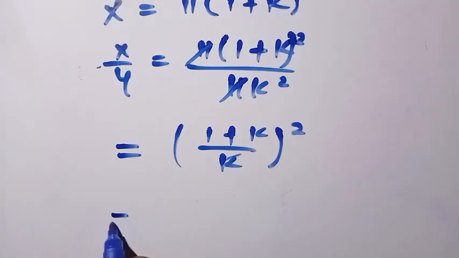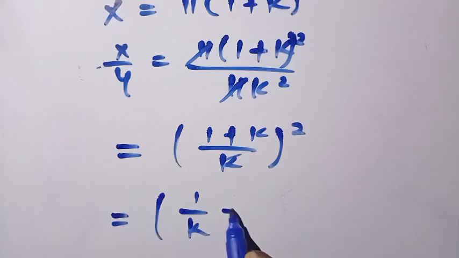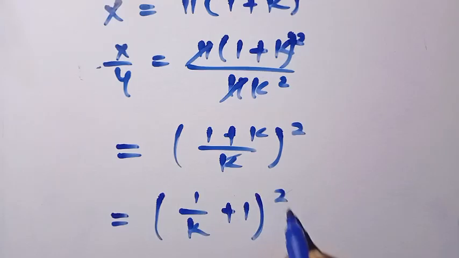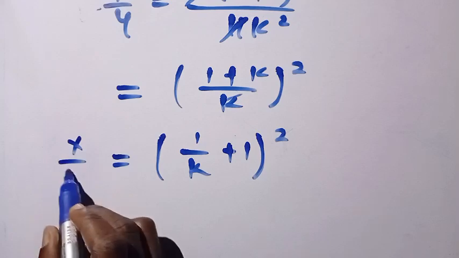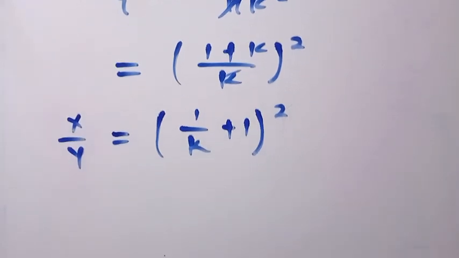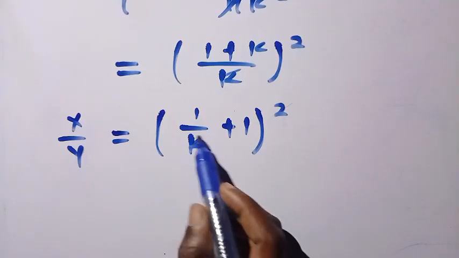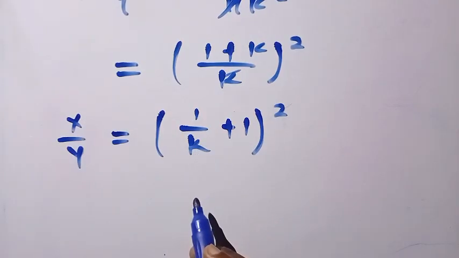On getting this, we can also write this as 1 divided by k plus 1, all raised to the power of 2, and this is x divided by y. Well, we have to understand here that we have 1 over k, as k here is not equal to 0.